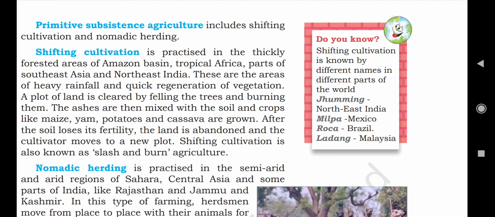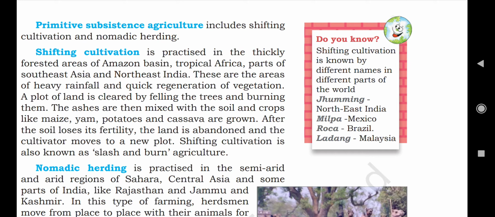So they clear this land or plot by cutting the trees or burning them, and the ashes and the leaves, composted leaves, are then mixed with the soil, and crops like maize, yam, potatoes and cassava are grown. After the soil loses its fertility, the land is abandoned and the cultivator moves to a new plot.